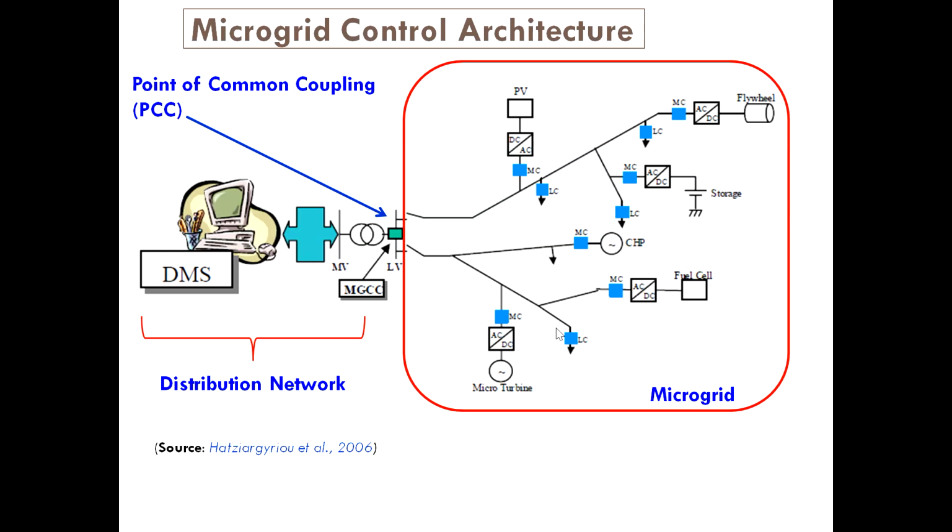So the availability of the microgrid gives us the opportunity to continue supplying critical loads in the absence of grid supply. So that is one of the main motivating factors for the development of microgrids, to try and improve reliability of supply, especially for certain mission critical loads.